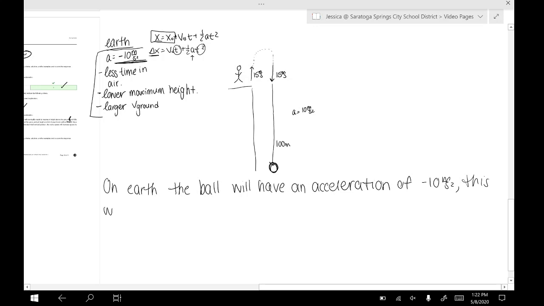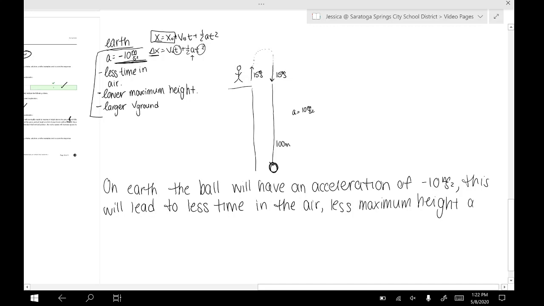This will lead to less time in the air, less maximum height, and a greater speed when approaching the ground.